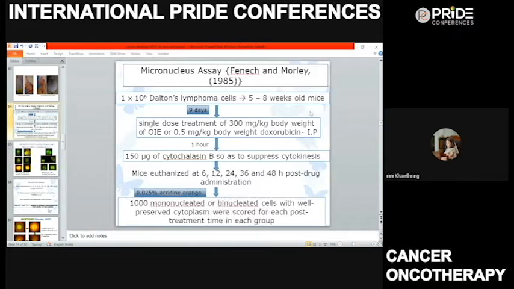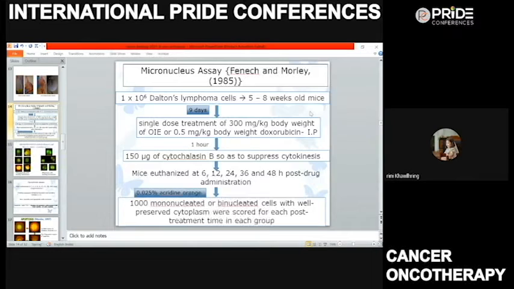For this purpose, we gave only a single dose treatment of 300 mg per kg body weight of the ethanol extract, which was the optimum dose, or 0.5 mg per kg body weight of doxorubicin.